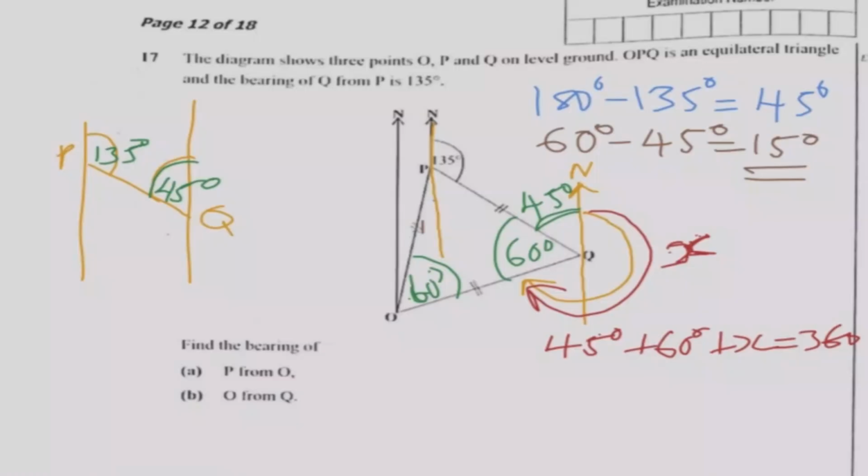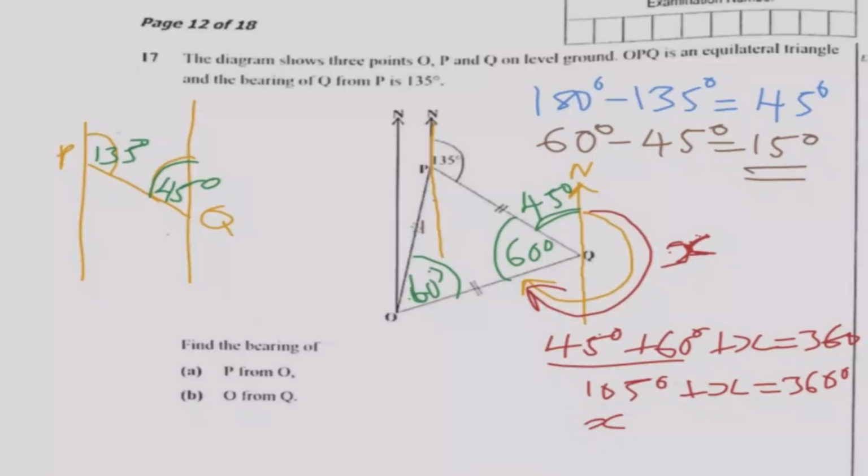Okay, then we evaluate this, which is going to give us 105 degrees plus x is equal to 360 degrees. Then what do we do next? We put like terms together.